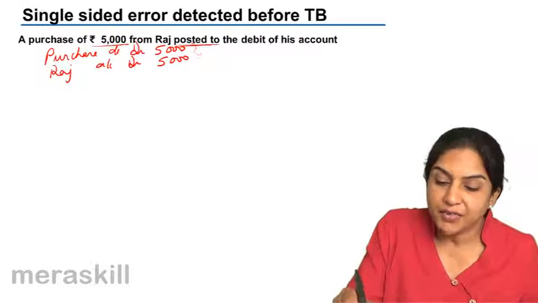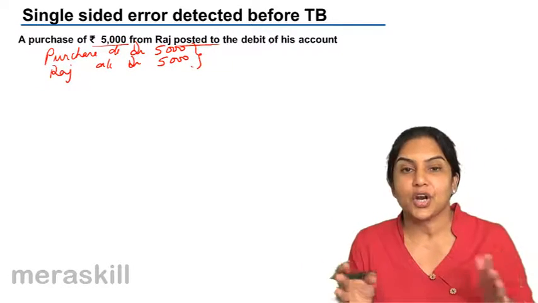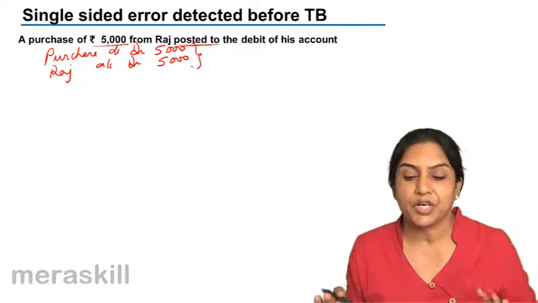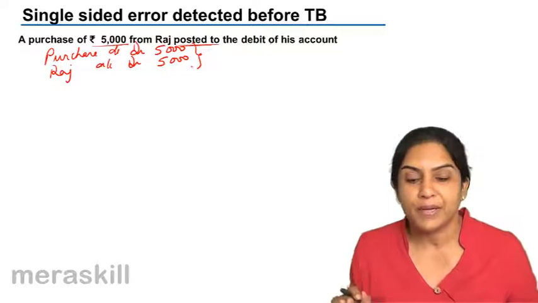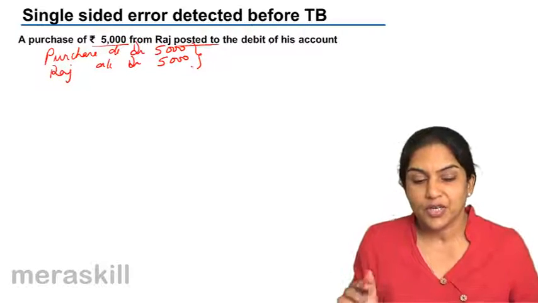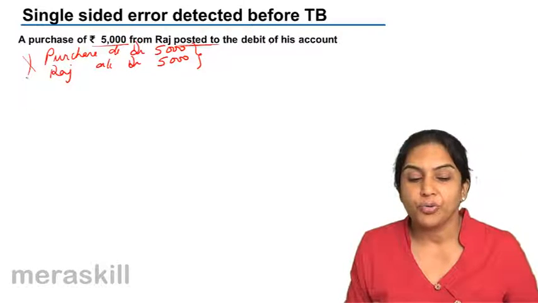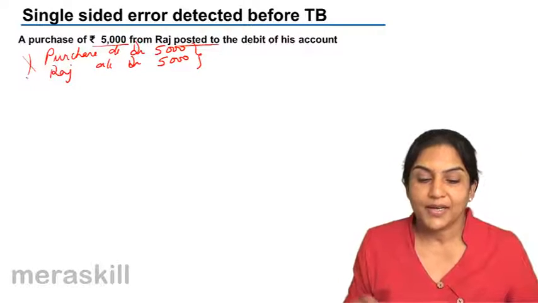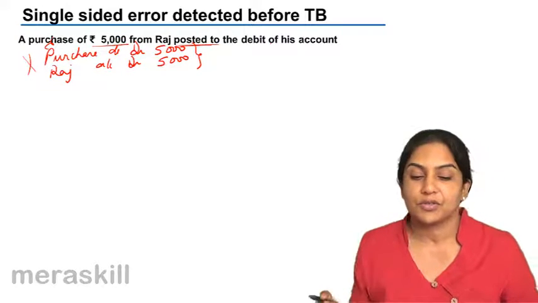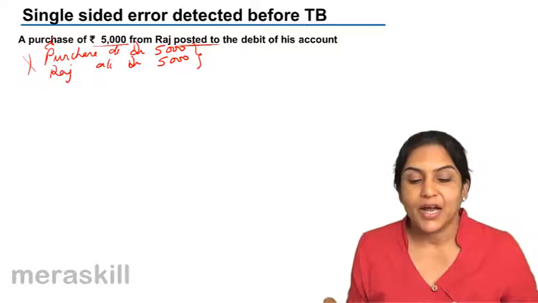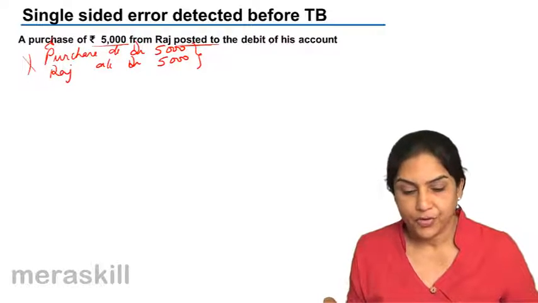This is the effect of the entry, that is not double entry. They have debited purchase account by 5,000, also debited Raj's account by 5,000. This is the mistake that has been made. So how do we rectify? What is correct here? Purchase account debit is correct, but Raj's account is wrong.